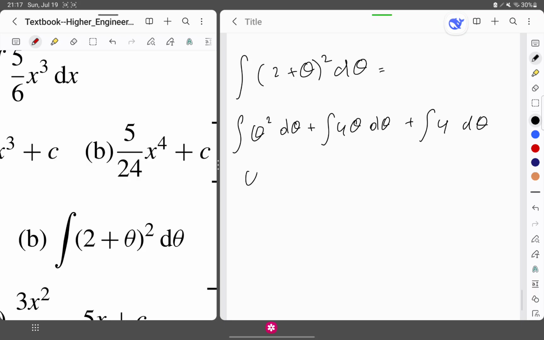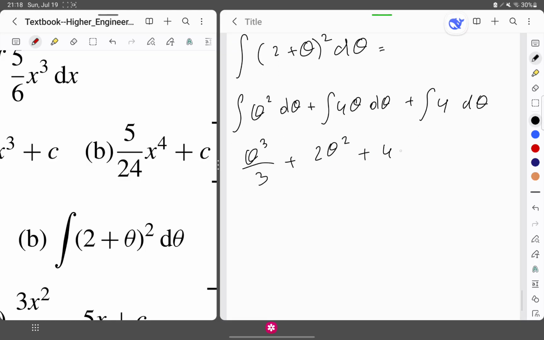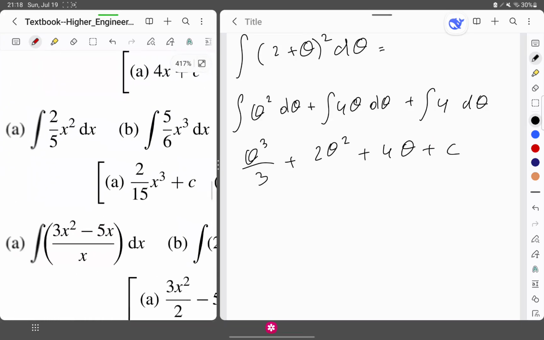It will be theta squared over 3 plus 2 theta squared plus 4 theta plus c. Let's check.